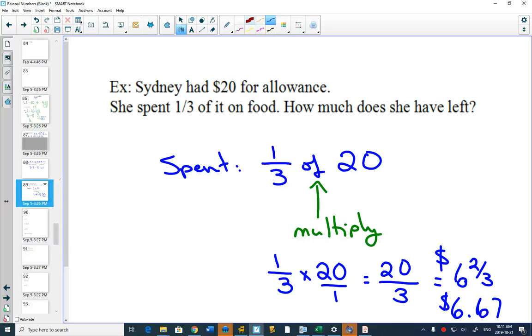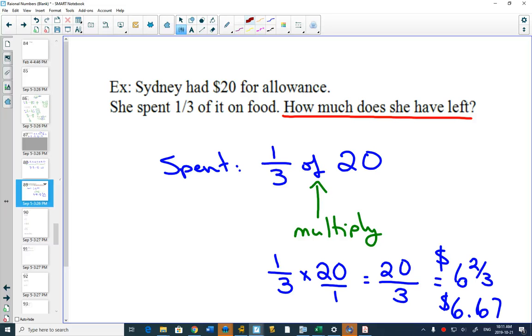Because when we reread this question, what did the question actually ask us? How much does she have left? It didn't ask us, how much did she spend? If it said, how much did she spend, we're done. We figured out she spent $6.67.